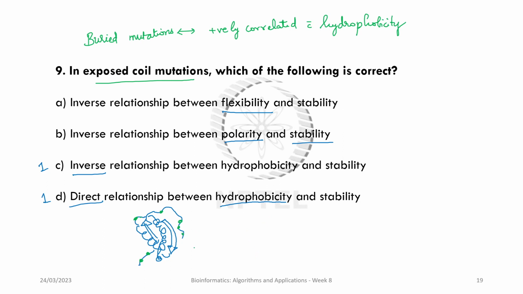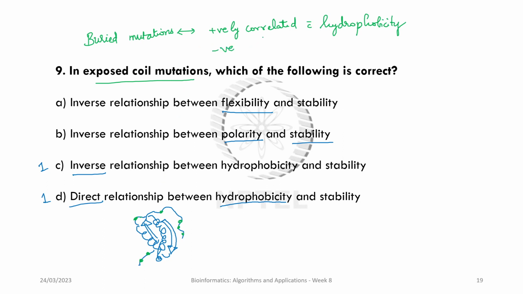That's why they collapse and bundle up together to form the internal core of the protein. And therefore, if the hydrophobicity is altered, tampered with, there is a huge change in the stability, right?